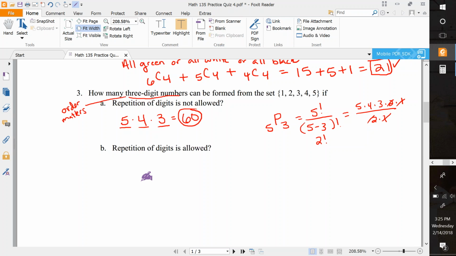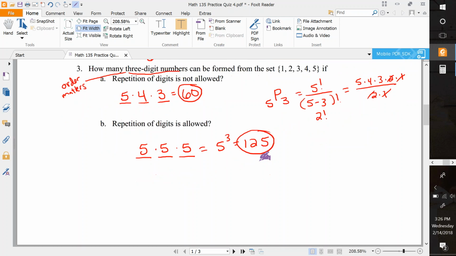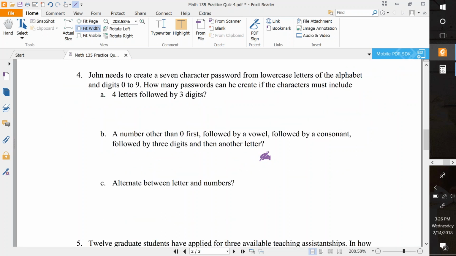Now, if the repetition is allowed, you can't do it by the permutation anymore, because permutations and combinations both do not allow for repetition of the object. So you have to do it by slots. I have 5 elements, another 5 elements, another 5 elements. I can use any of the numbers in any of the spots that I want. So this would be 5 to the third or 125.